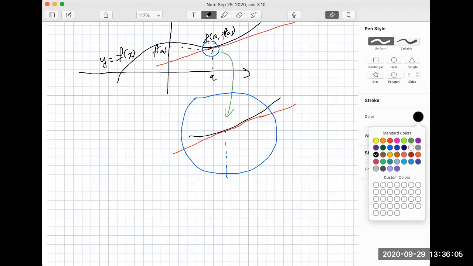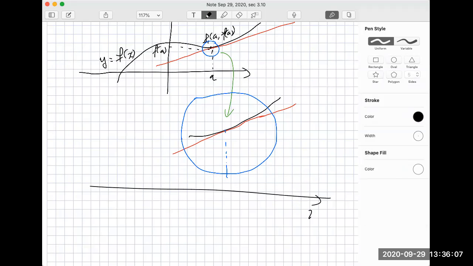And this, the red line, we call it the linear approximation of the curve y equal to f(x). So doing this, we can approximate the value of the function f(x) by using a linear line here.